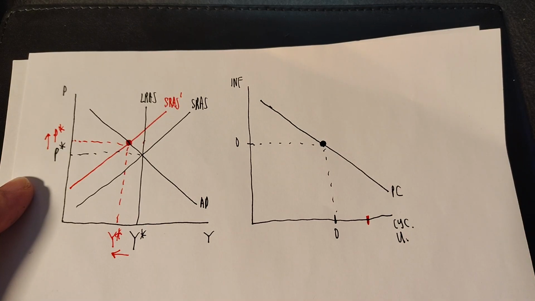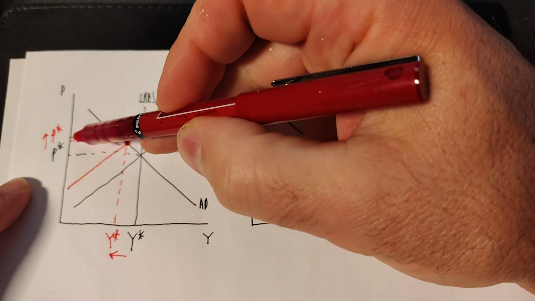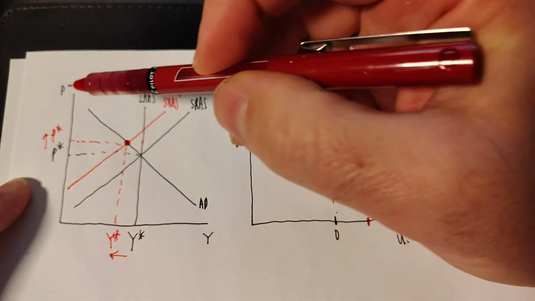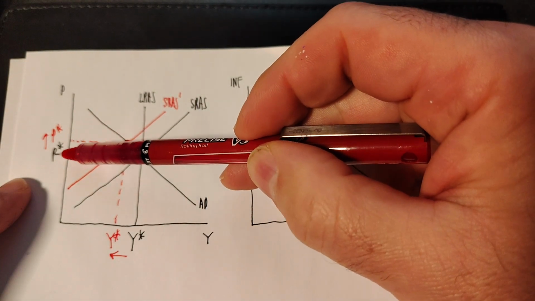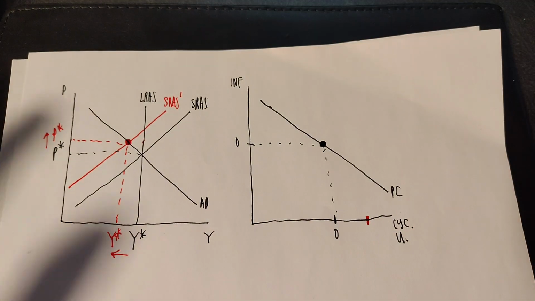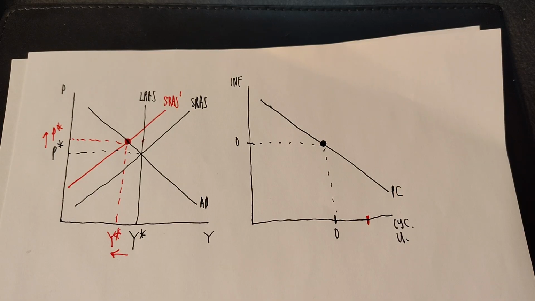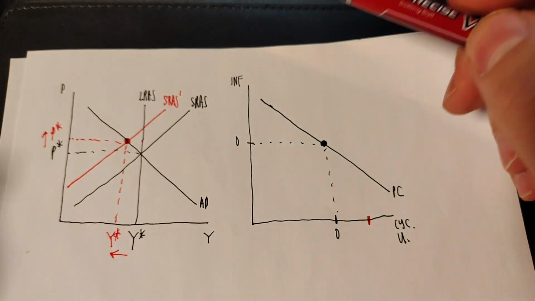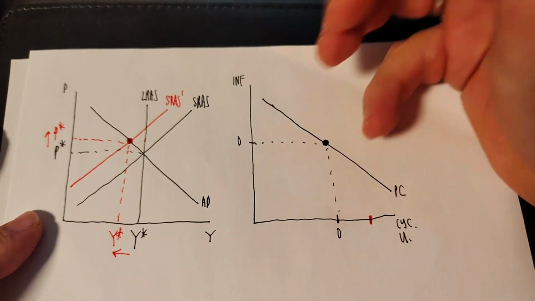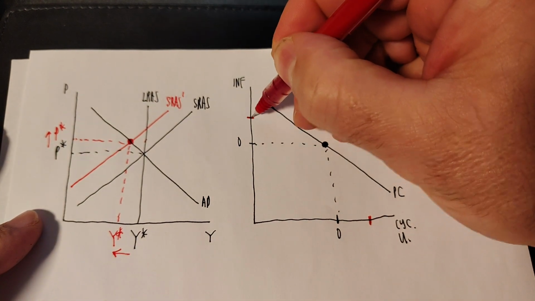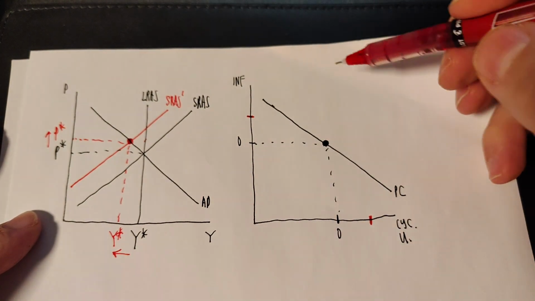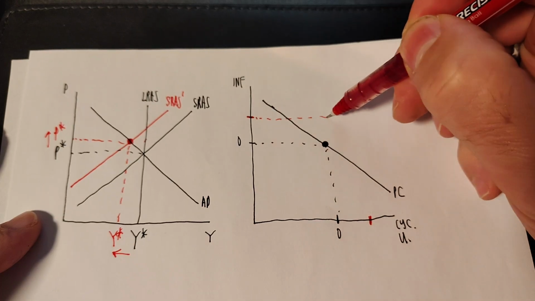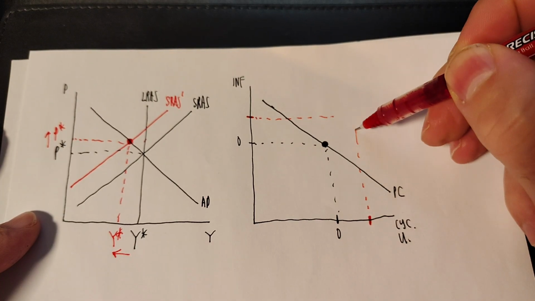Okay. But look at what we have here with the inflation rate, though. The new price level is higher than the old price level, which means inflation is going to be positive. Okay, because it's going to be red P star minus black P star divided by black P star. So inflation's positive. Now what happens when we connect those 2 points together? We get a point that's not on that old Phillips curve.